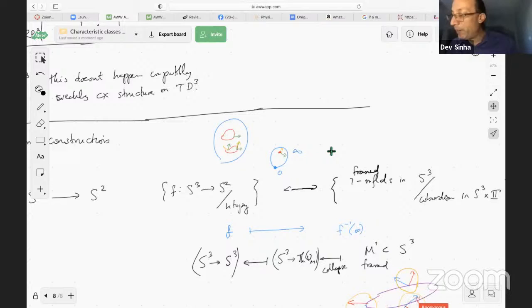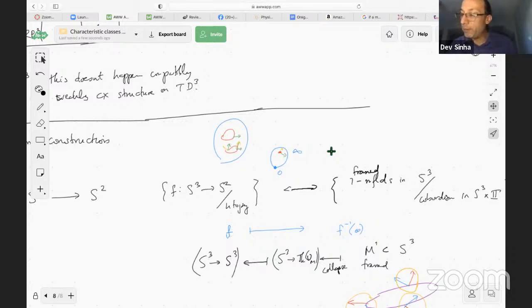We use the tubular neighborhood theorem to say at every fiber I've got a disk. So I've got a standard map to the disk. This disk can map to the two-sphere. And maybe I should have switched the roles of 0 and infinity, because we often think about it if I collapse the disk. Yeah, I should have said f inverse of 0.